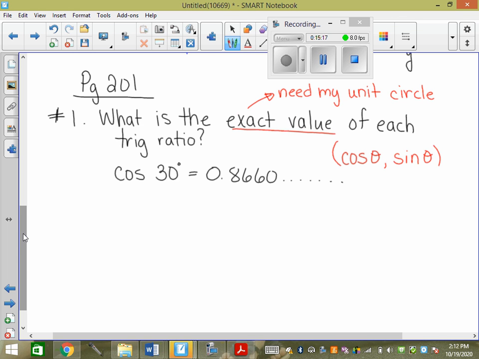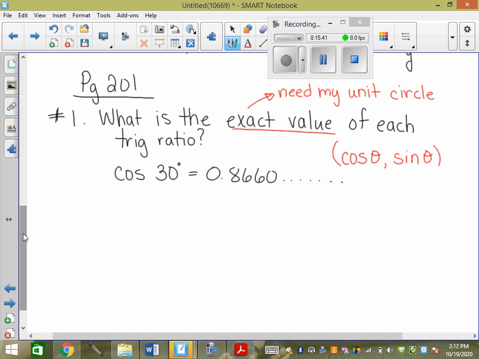So what we can do is go to our unit circle. We go to 30 degrees on our unit circle. All of the x values on our unit circle are the cos values, and all of the y values are the sine values, right? So I actually have every trig ratio for cos and every trig ratio for sine on that unit circle.